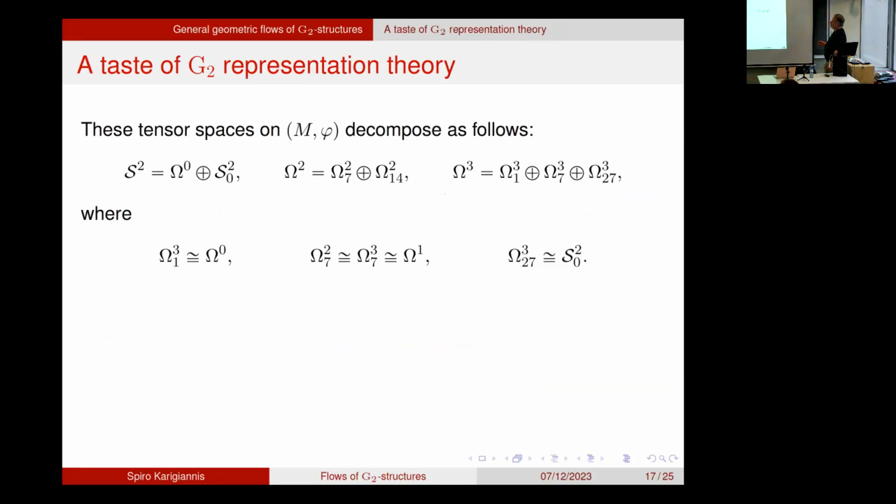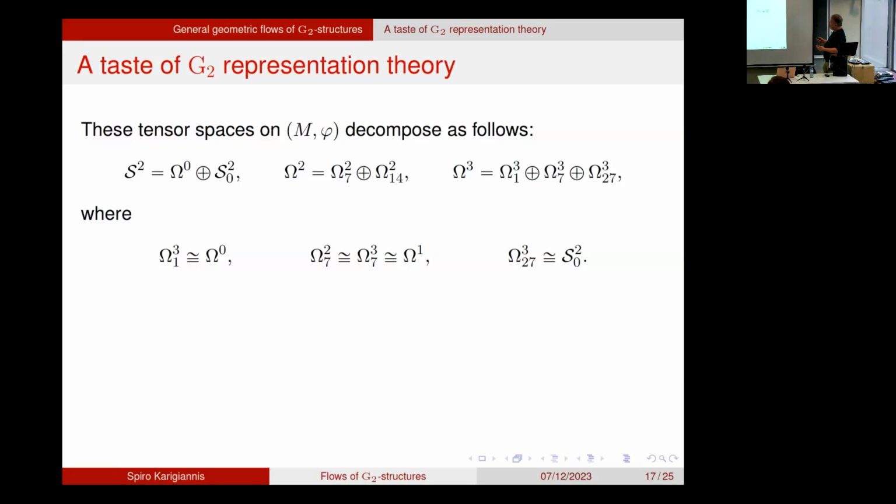The space of 2-forms and the space of 3-forms both break up when you have a G2 structure. And this Omega^3_1 is just functions times phi, your G2 structure. So it's isomorphic to the space of functions. All the ones that have a 7 as a subscript are isomorphic to 1-forms or vector fields.